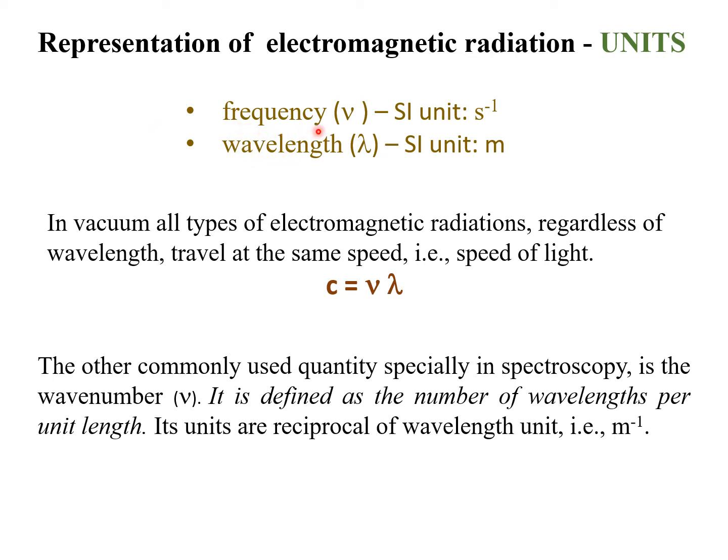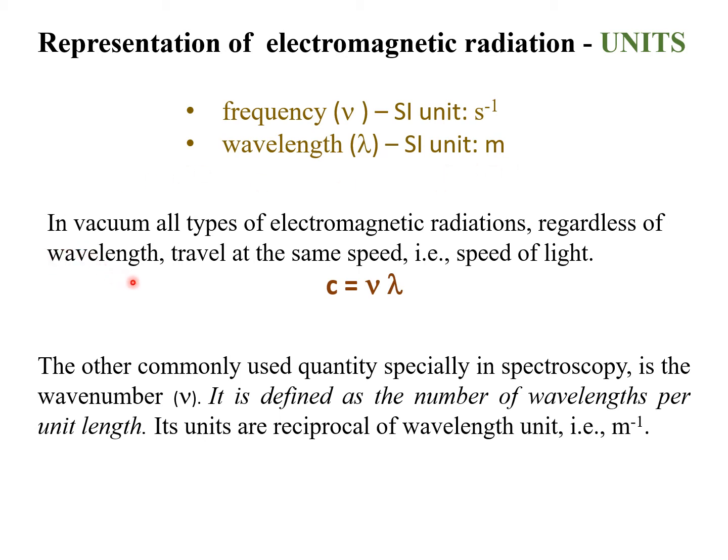First is the frequency, represented by mu, and second is the wavelength, represented by lambda. Frequency has the SI unit of per second. It is defined as the number of cycles taking place per second, and the SI unit of wavelength is that of length, that is meters.